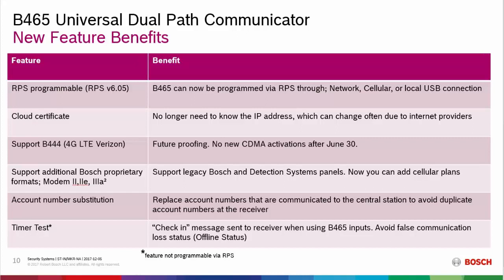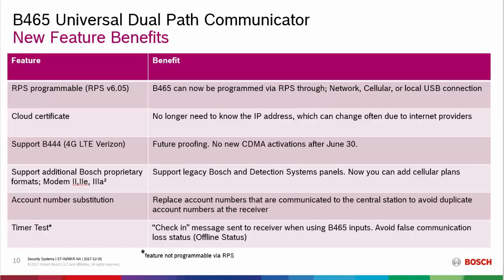They've said they're going to fully support their networks through the end of 2019. So it won't be until 2020 before we start seeing any issues with support for the CDMA network. But obviously Bosch wants to try to get ahead of that and offer a solution, and we plan on offering that here in the very near future, the Bosch B444.